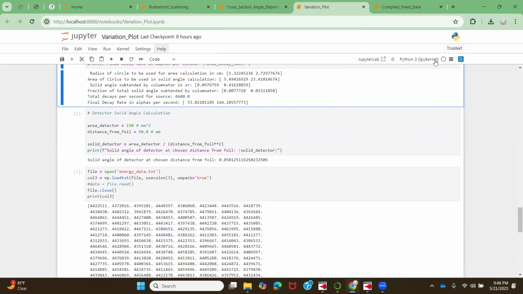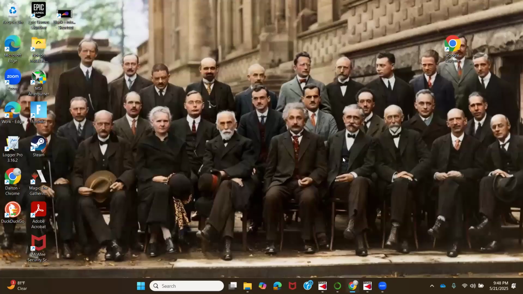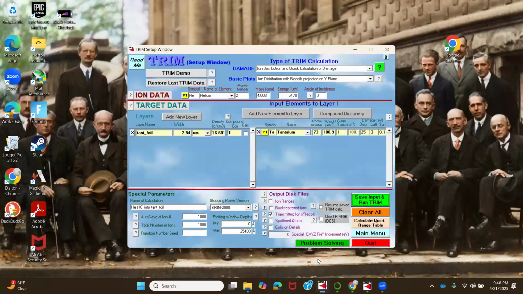And I'll finish up quickly, just showing you guys some of the cool stuff that I did today. And that would be using this simulator called TRIM, which has to do with how ions travel through layers of mediums.